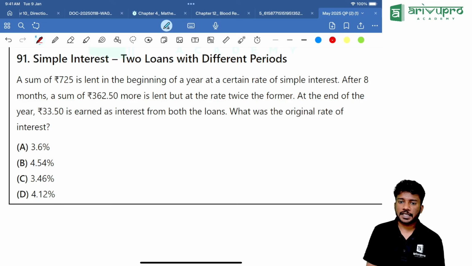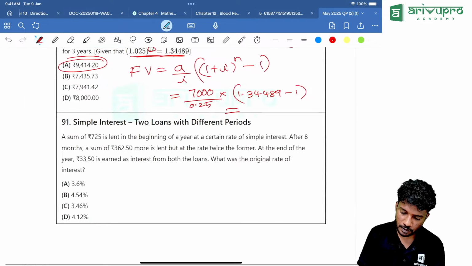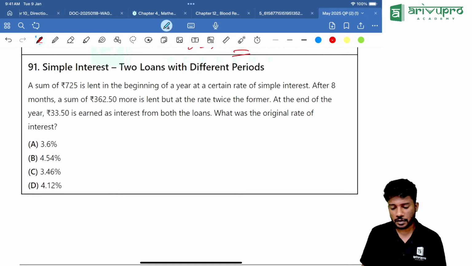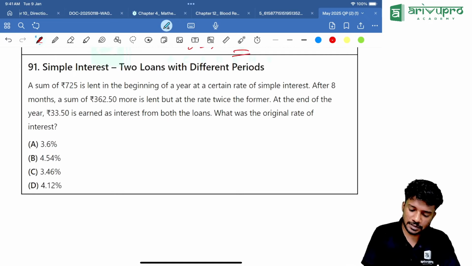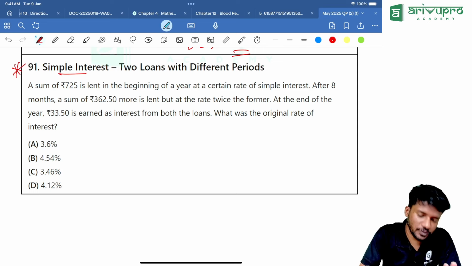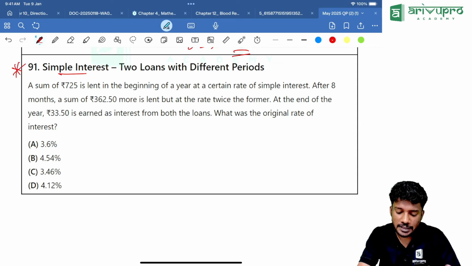Next one. Get me the answer. Everyone, get me the answer. Two loans with different periods, simple interest. It's a good question. This is one of the good questions from this attempt.